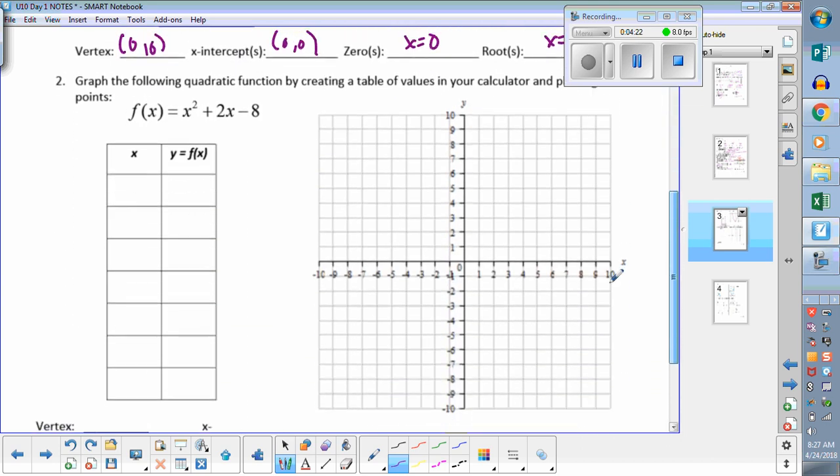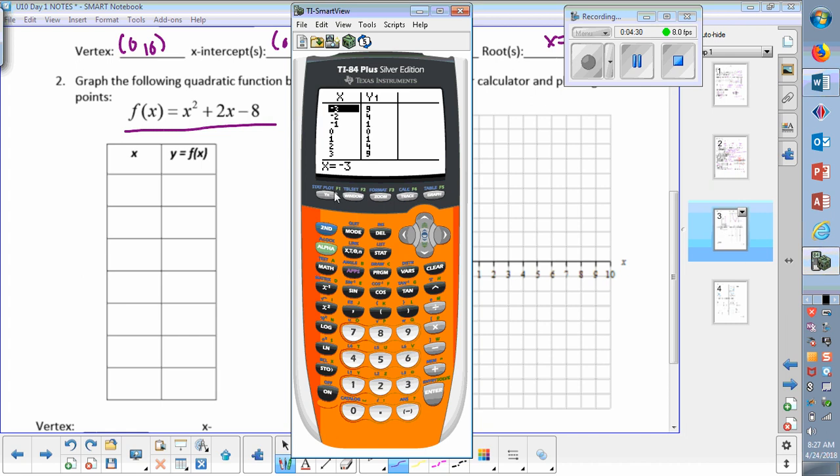All right, now we're going to do the same thing, except this time we're going to enter in this function right here. So I'm going to grab my graphing calculator, and I'm going to clear it. I'm going to go to y equals and clear it right here. When I clear it, I'm going to enter in x squared plus 2x minus 8.